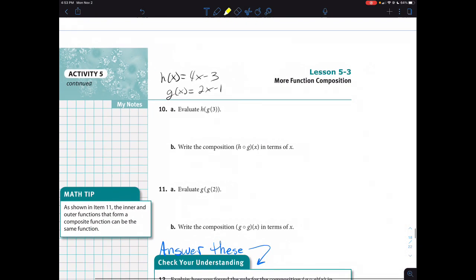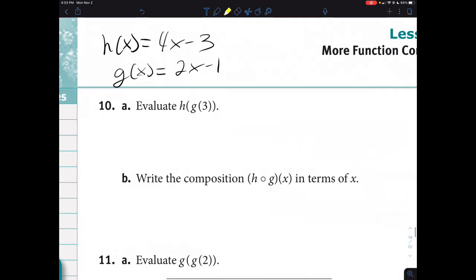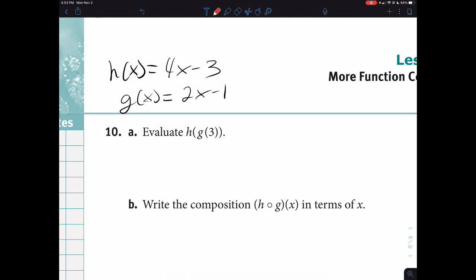The next page, number 10 here, evaluate h of g of 3. And these are the same functions that I had on the previous page. I just copied them down here. So we're going to find g of 3 first, start with the inner function. g of 3 equals 2 times 3 minus 1, so 6 minus 1 is 5.